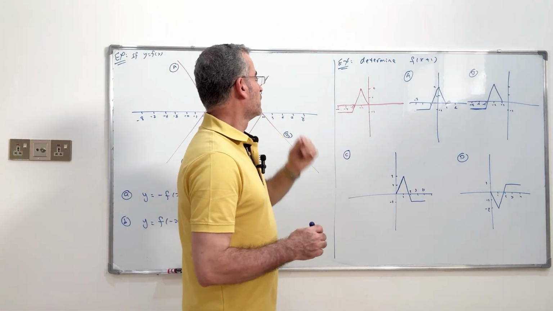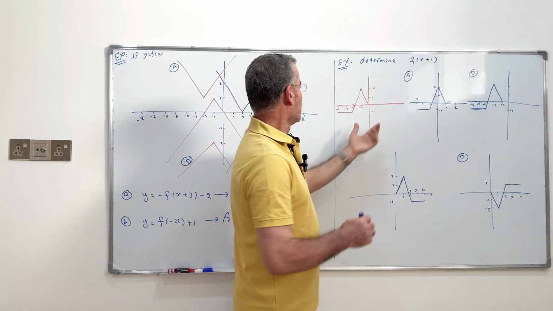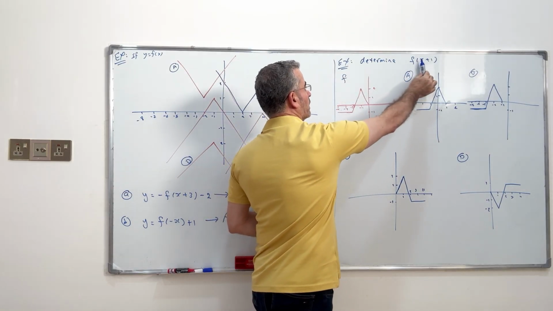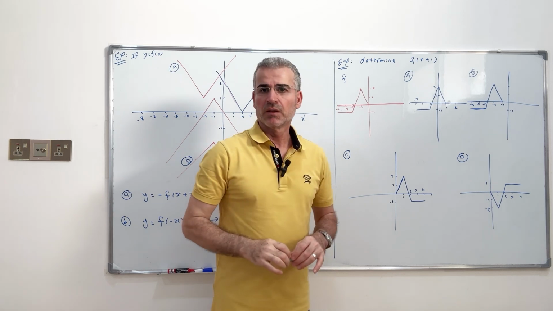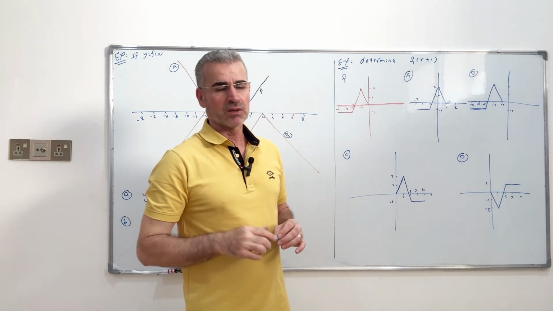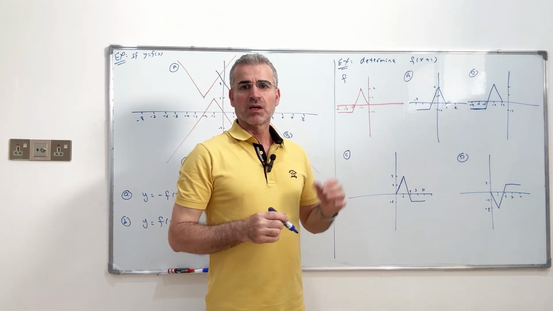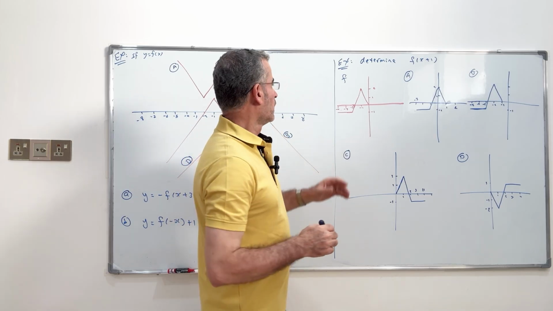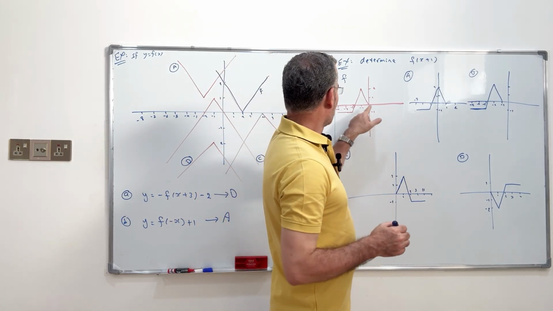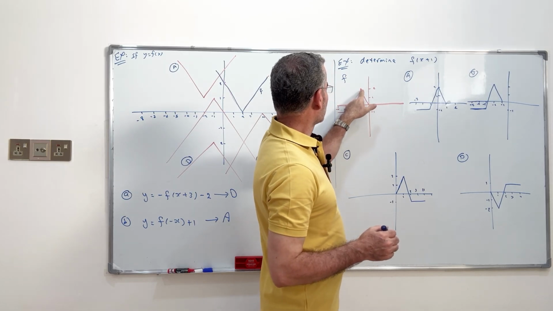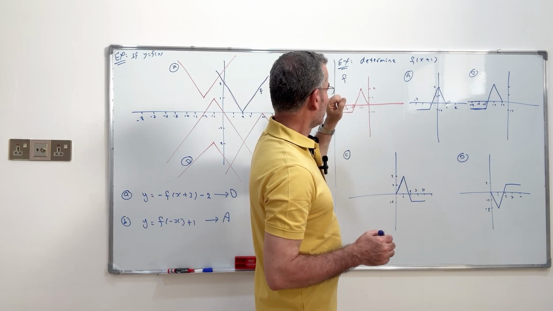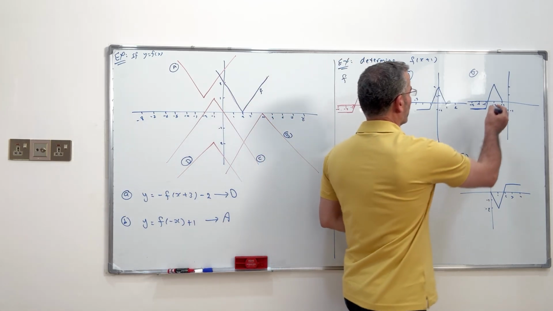Another example: determine if this graph is for the function f, then determine f of x plus 1. F of x plus 1 is one transformation. It is a horizontal shift 1 unit to the left. 1 unit to the left, the vertex here, negative 1, 2 should be negative 2, 2.